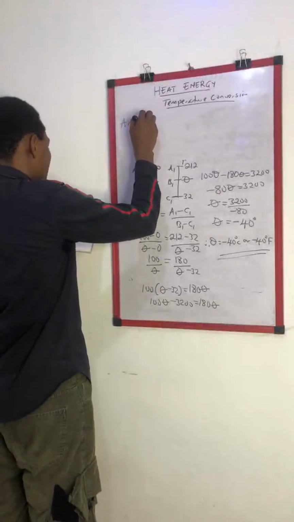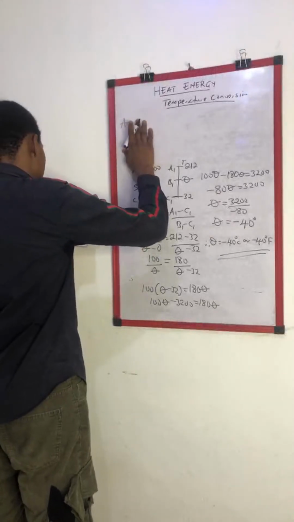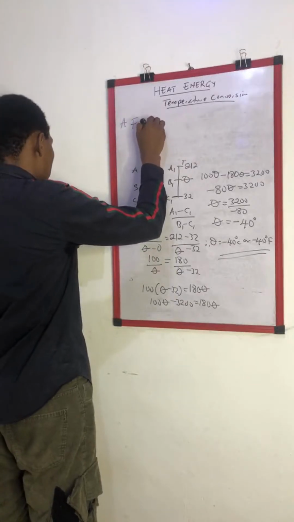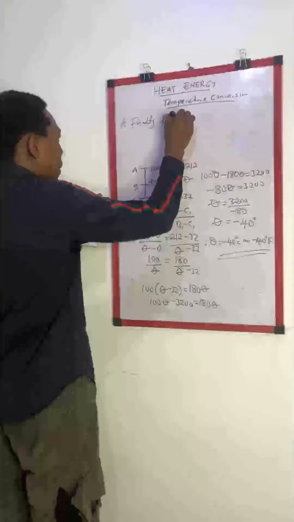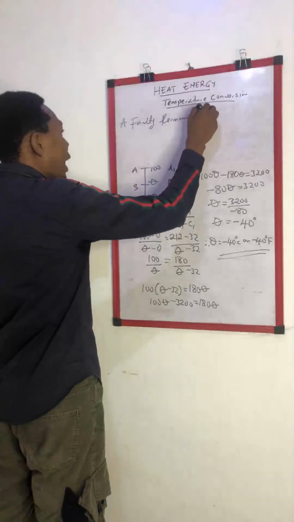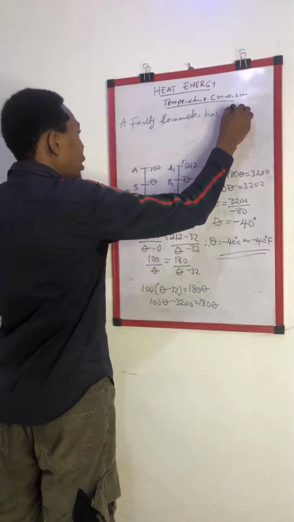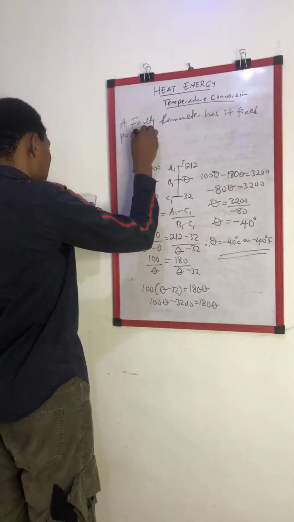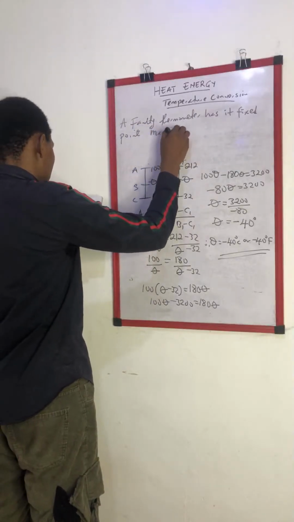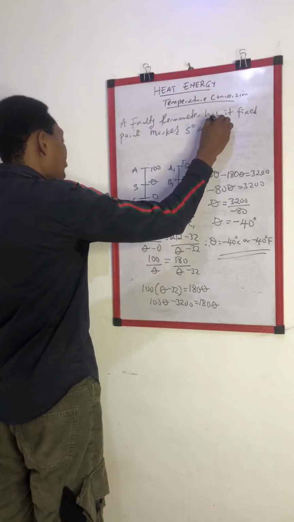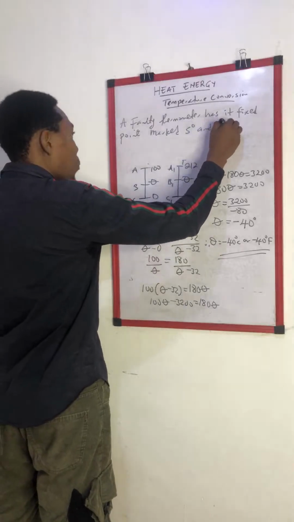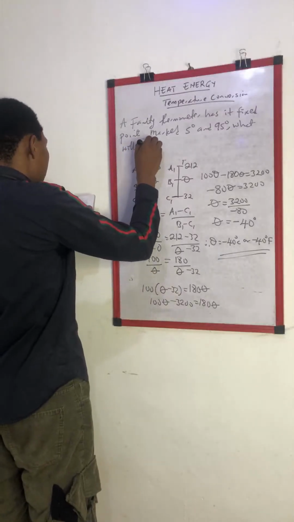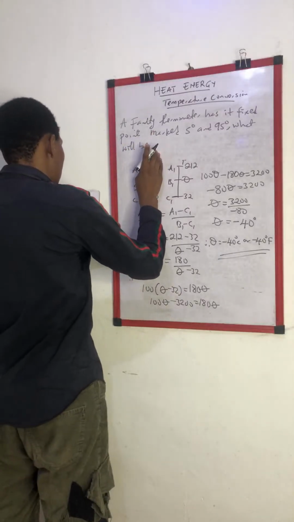A faulty thermometer has its fixed points marked 5 degree and 95 degree.